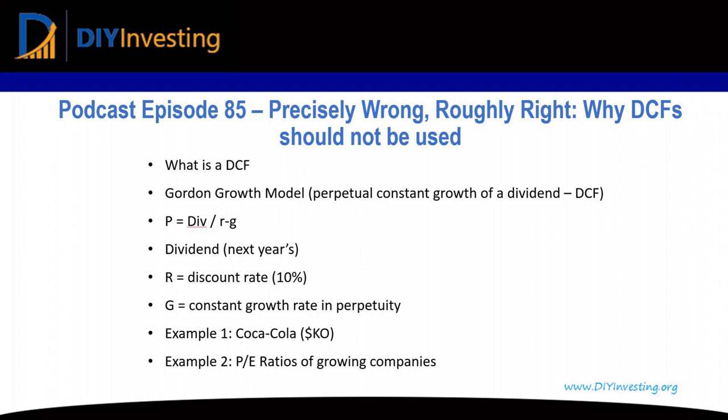Now, if we compare this to the current stock price of Coca-Cola, which is $46 per share, then we'd have to say that Coca-Cola is overvalued. But pause for a second here. Why is it overvalued? Well, it's overvalued because we assumed a dividend growth rate of up to a max of 5%.